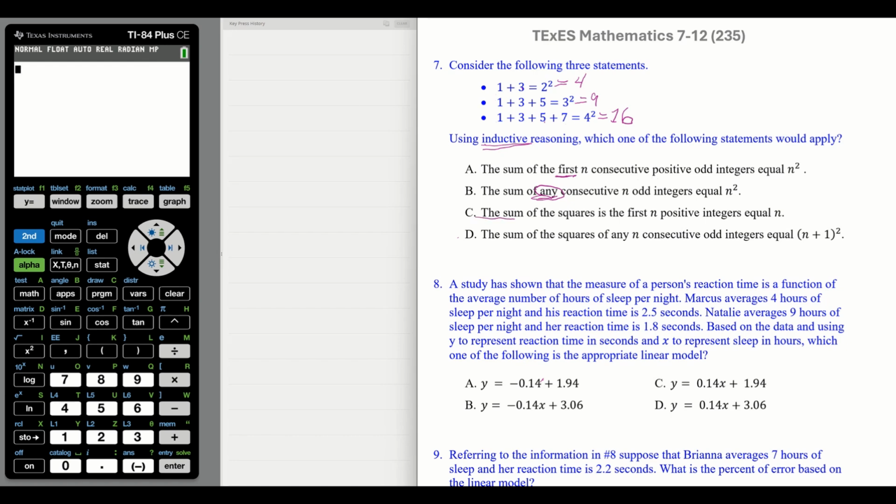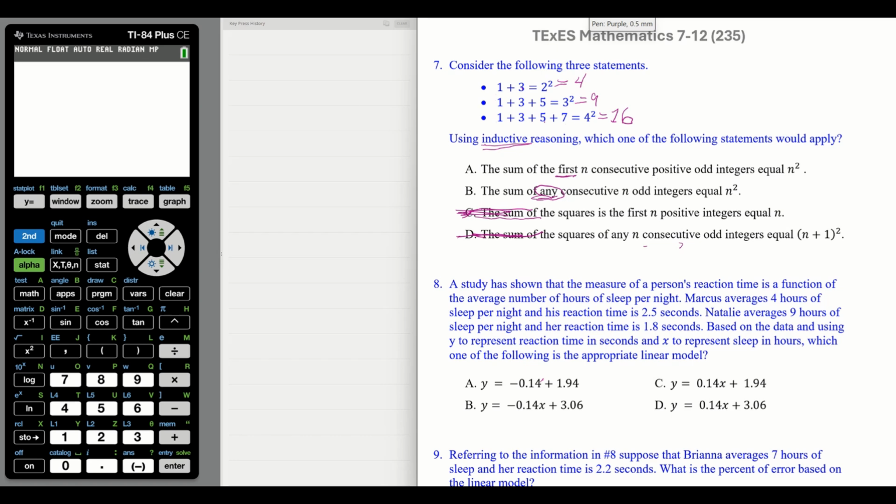Okay, first off, this is just incorrect. The 1, 3, 5, they're odd numbers. We can observe that. They are not squared. Look at D. It says the sum of the squares of any n. These are not squared. So these two go away. We don't want that. Now let's look at what's going on with A and B. I don't like B, and I'll tell you why.